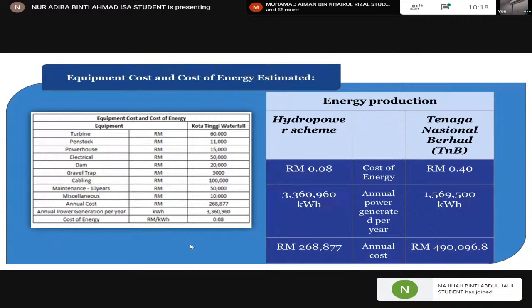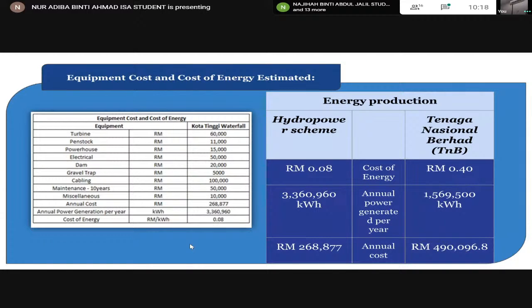The annual power generated per year for the hydropower scheme is 3,360,960 kilowatt hours compared to the TNB annual power generated per year, which is only 1,569,500 kilowatt hours.